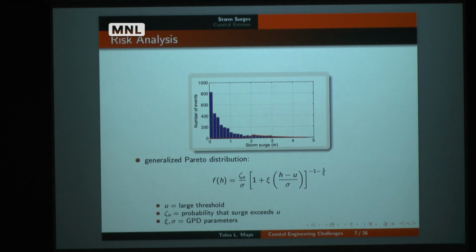So what you can do, if you do have enough data, is model the tail end of the distribution. Here I'm showing a histogram of storm surge heights for a number of storms. You don't care about the things that happen often. You care about the low frequency but high impact events. So we care about the tail.